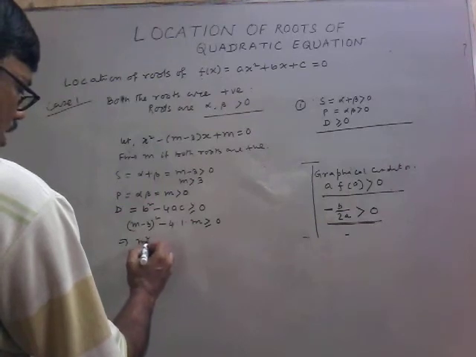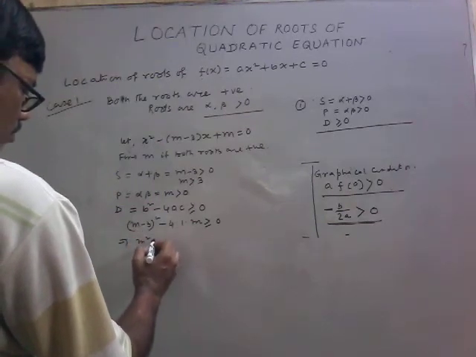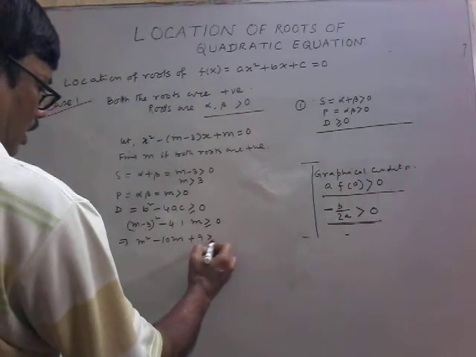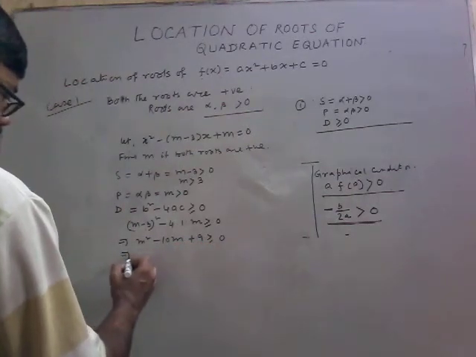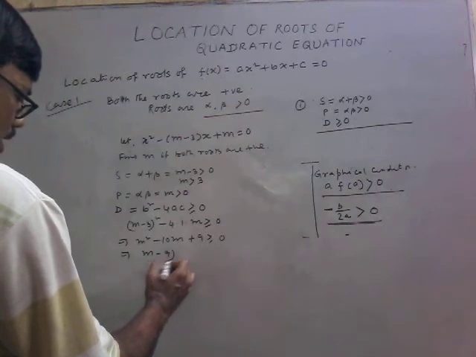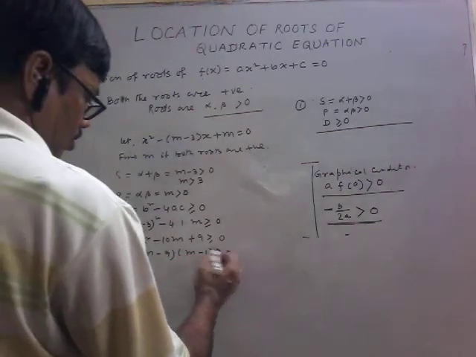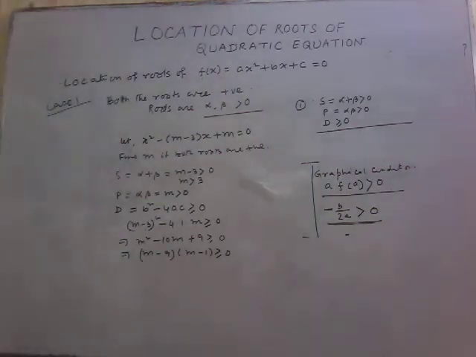So m square minus 6m minus 4m, so minus 10m plus 9 greater than equals to 0. So (m minus 9)(m minus 1) greater than equals to 0.